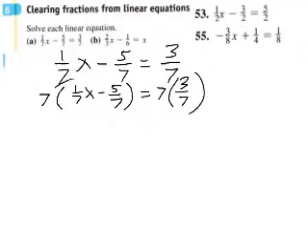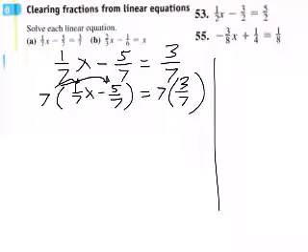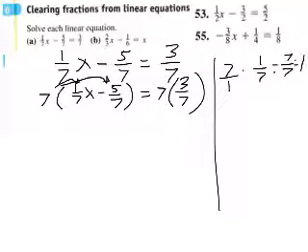Okay, so this becomes a distribution, right? And you can do these fraction parts on the side. So 7 times 1/7 is the same as 7 over 1 times 1/7, which gives you 7 over 7, which equals 1. Okay, so we'll put 1x, or just x.